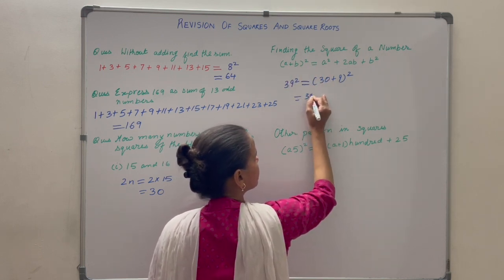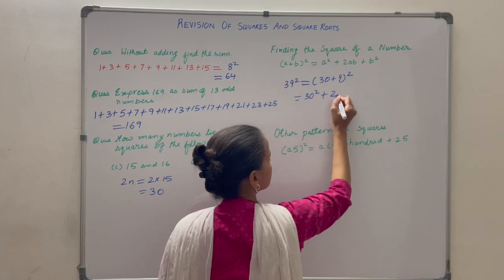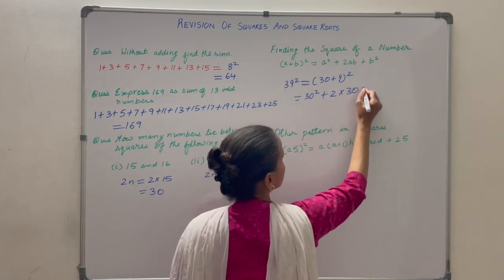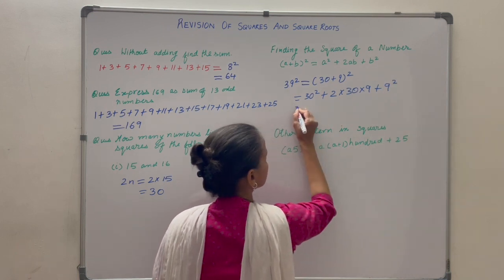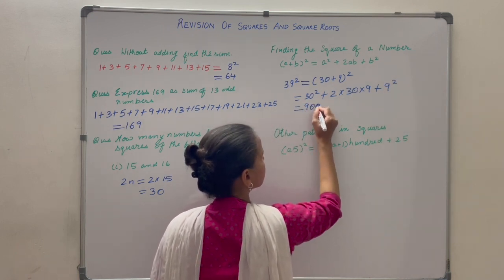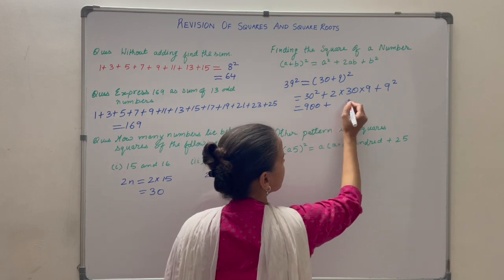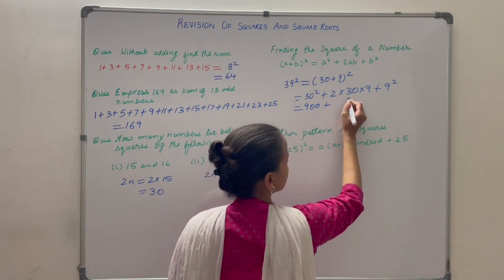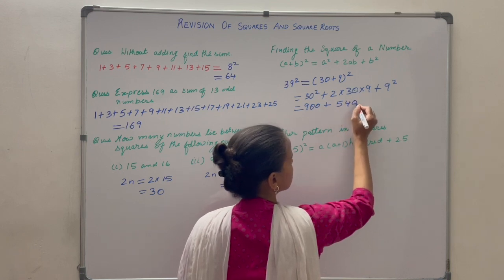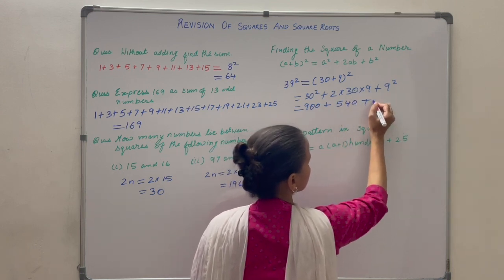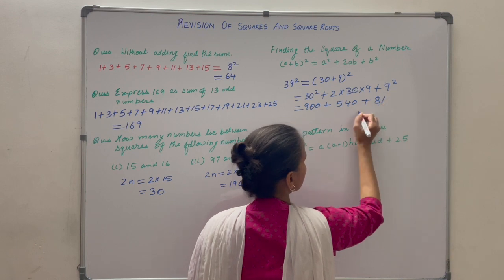So here you will get 30 square plus twice of 30 into 9 plus 9 square. 30 square is 900, and here you get 9 into 6, 6 nines are 54, and this 0, plus 9 square. 9 square is 81.